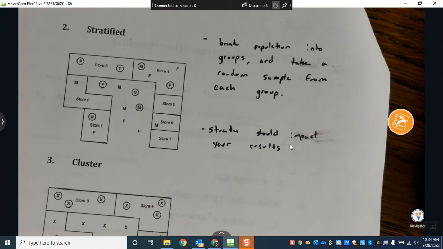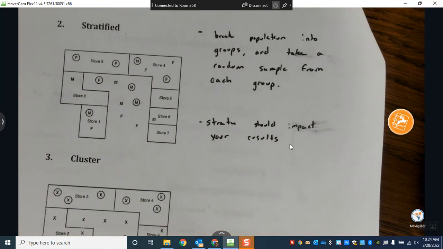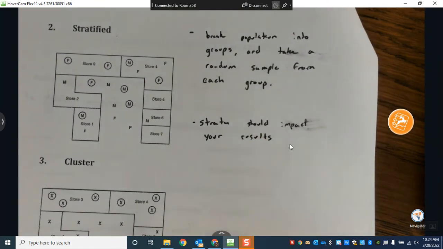Like, if she was asking people about her haircut, she wouldn't want to say, I've got to make sure I get some tall people and some short people. There's no reason to think that tall people and short people are going to have a different opinion on her haircut, so you wouldn't need to stratify by that. You should only stratify by things that you think are going to impact your results.